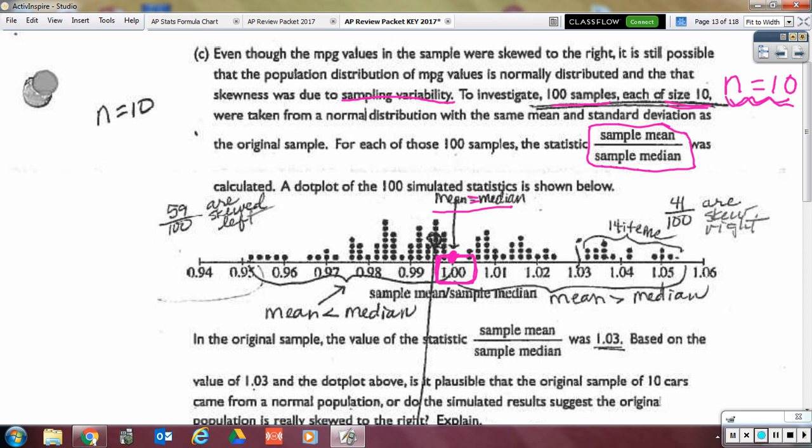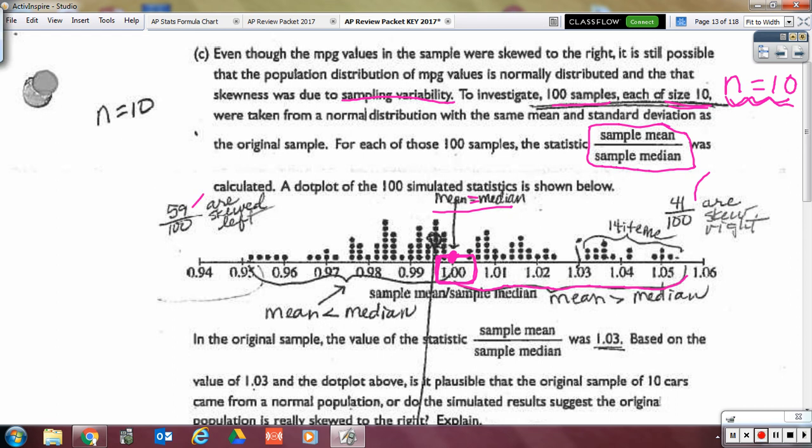Okay, what can you tell me about all of these samples over here that have a statistic bigger than 1? Yeah, all of these samples over here, of which there were 41, because I had counted that, though we don't need to know that information, were right-skewed samples. All of these over here on the left were statistics smaller than 1, so they were left-skewed samples, of which there were 15.